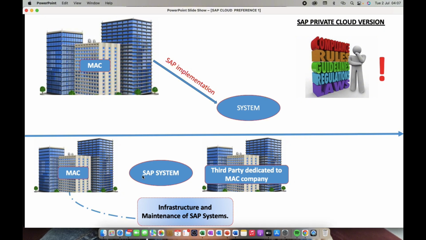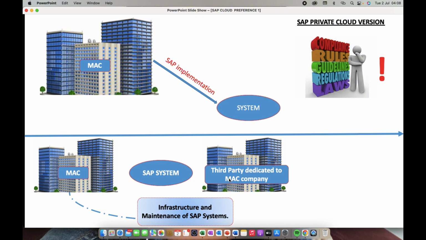So in SAP Private Cloud, either we run the SAP system on Mac's own server, or we have a third party dedicated to Mac company. When we talk about data management and security, everything will be managed by my company or the dedicated third party.